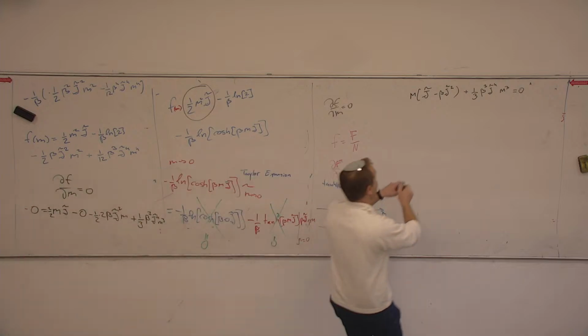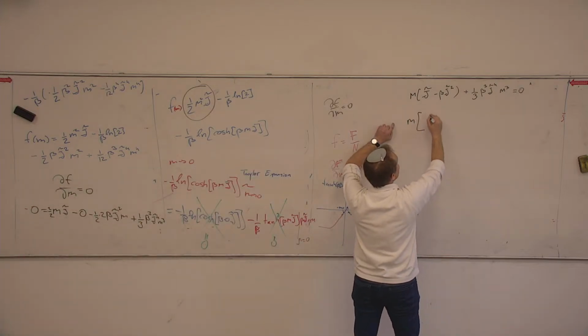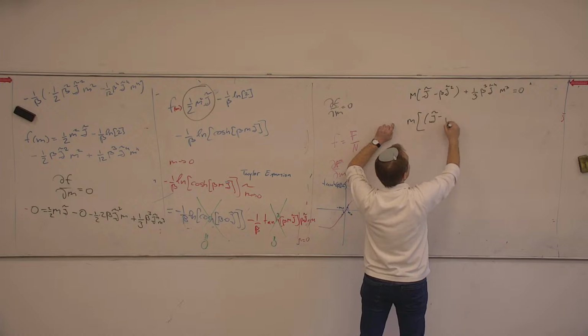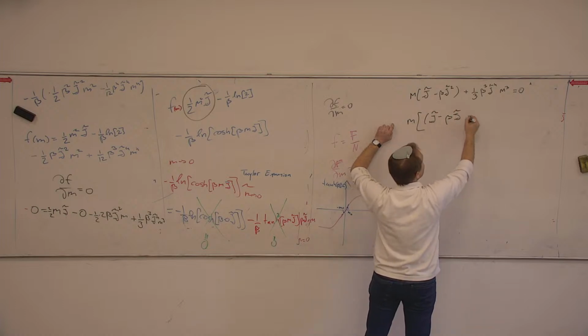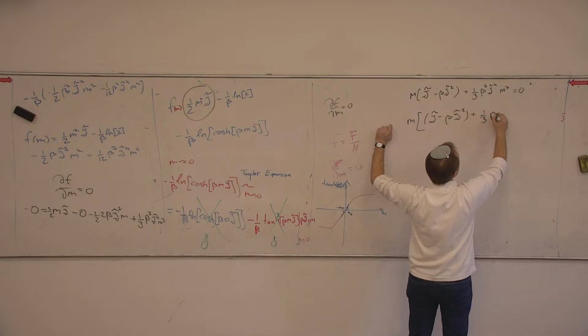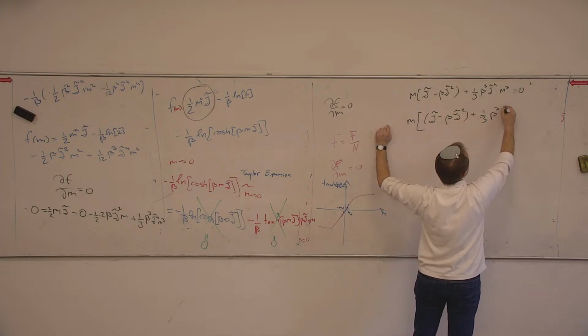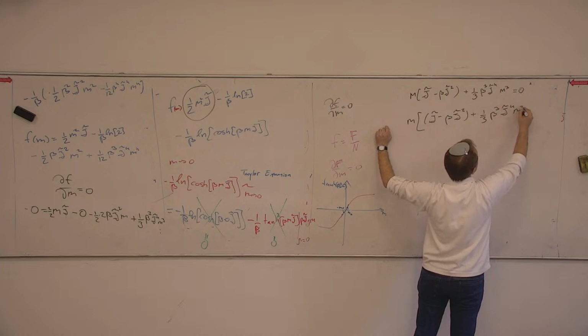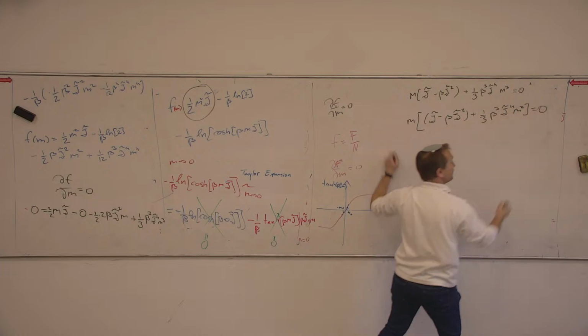Let's do as you say. Let's take m out, and what we have here is j tilde minus beta j tilde squared plus 1/3 beta to the 3rd j tilde to the 4th m squared, and all of this equals 0.